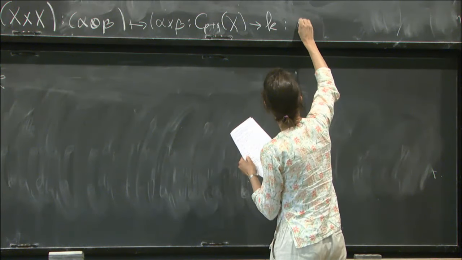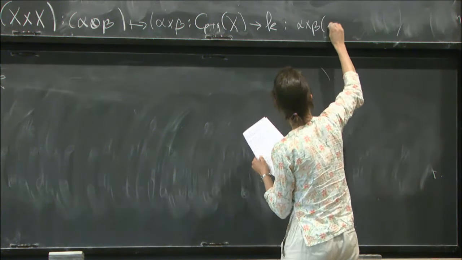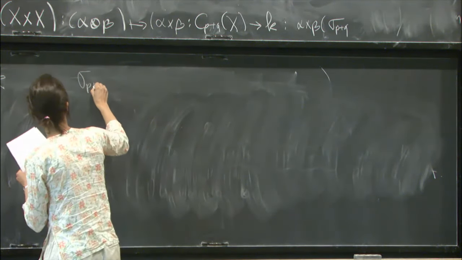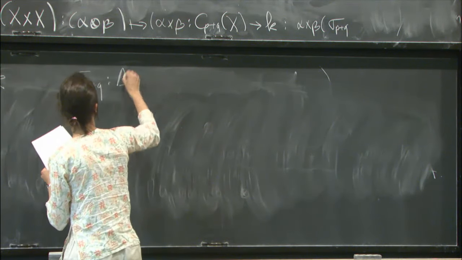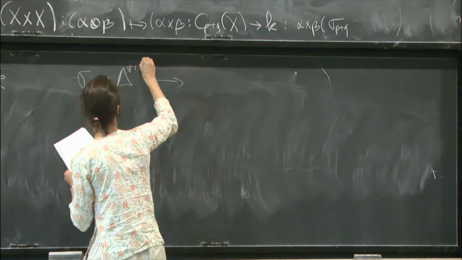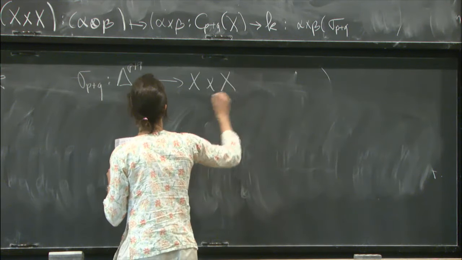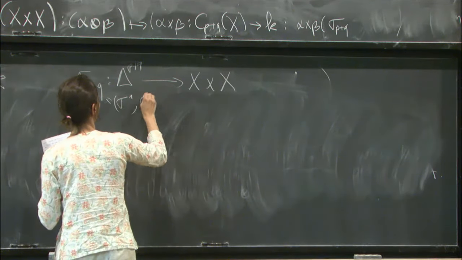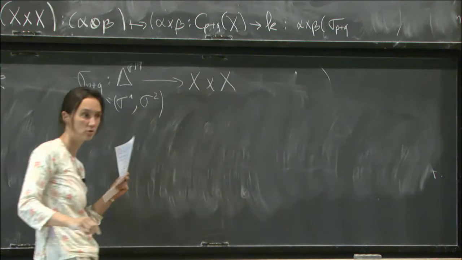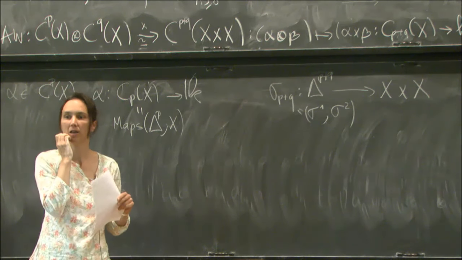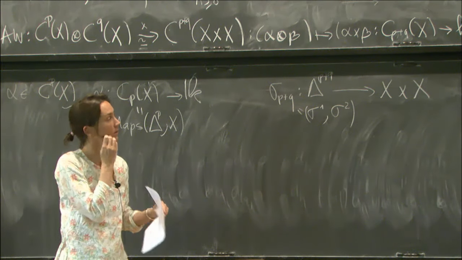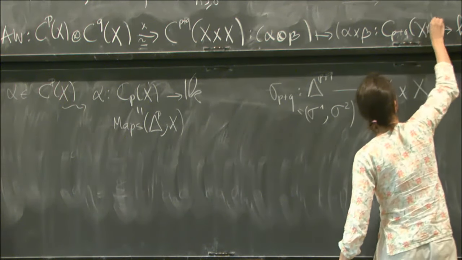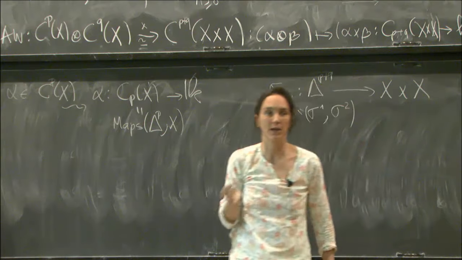Alpha cross beta of sigma_{P+Q}. Sigma_{P+Q} is now a map from delta P plus Q to X cross X. Okay, it has two components. It's sigma 1, sigma 2. Okay, it's two maps to X. And we're doing C_{P+Q} of X cross X? Yes, thanks. Cross X.